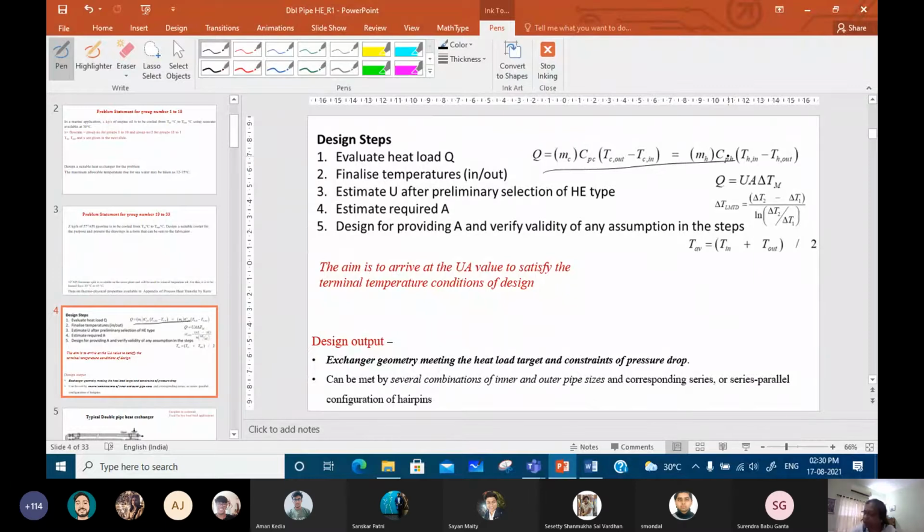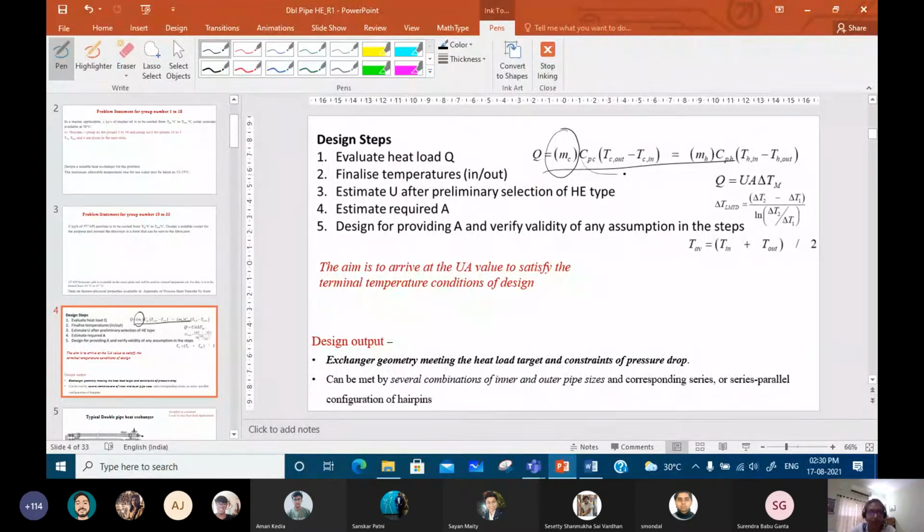And from this particular equation, it can always happen that some of the data are missing, because the client provides only the data which are important for him. For instance, in my case, the total flow rate of the fluid which has to be heated or cooled, and the terminal temperatures were important.